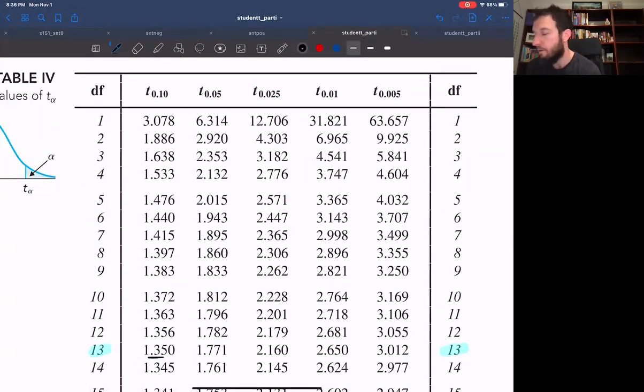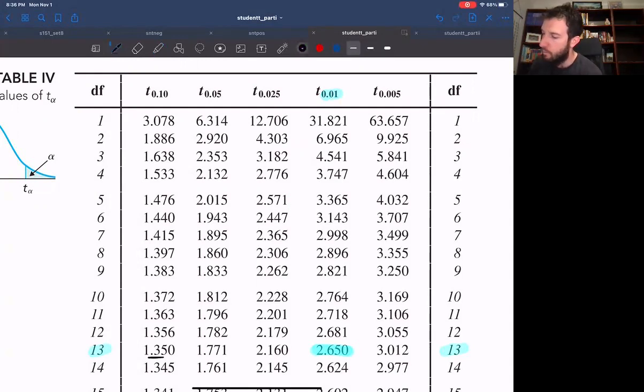Move to the next value: 1.771. 2.650 is bigger than that. Next value: 2.160. 2.650 is bigger than that. Then 2.650. This is a rare case where our value is exactly equal to a number in the table. That means the area of interest is exactly equal to this tail value.